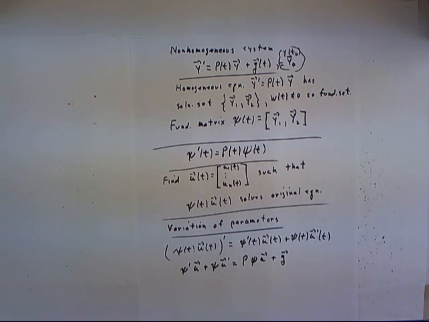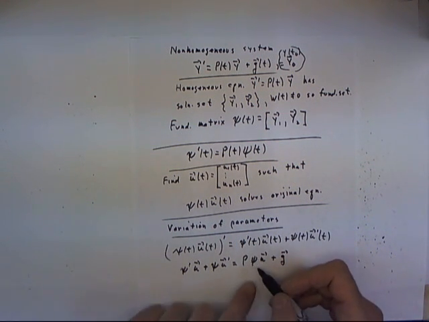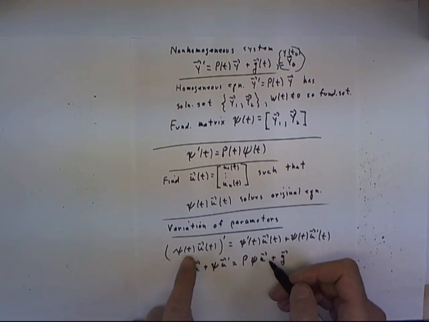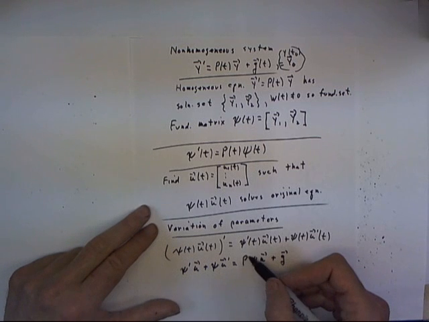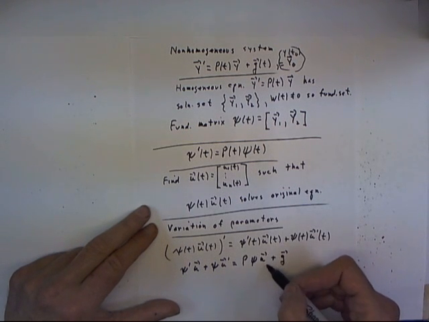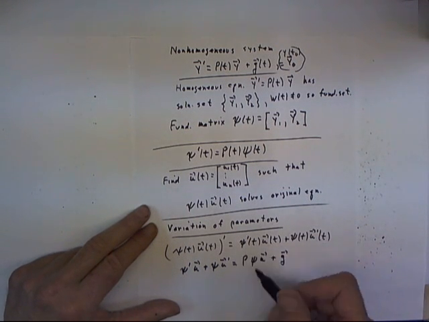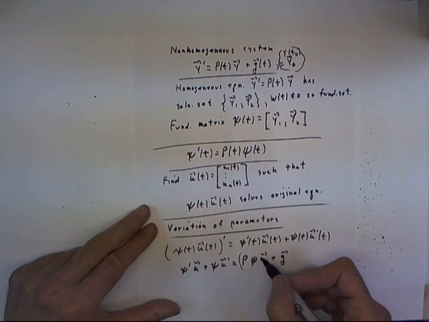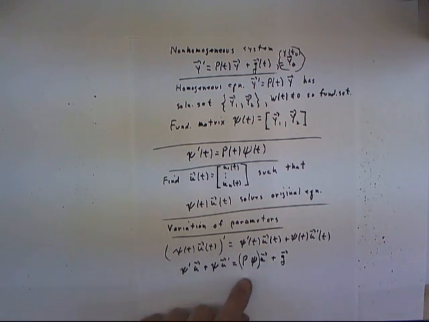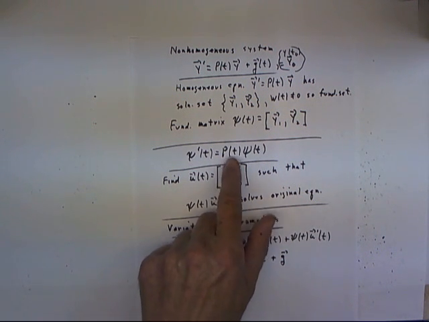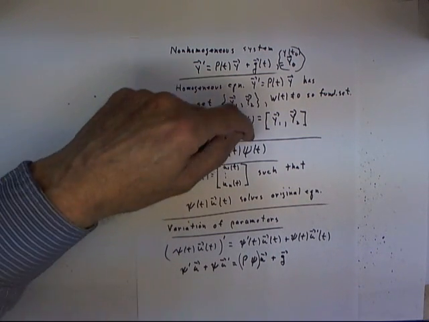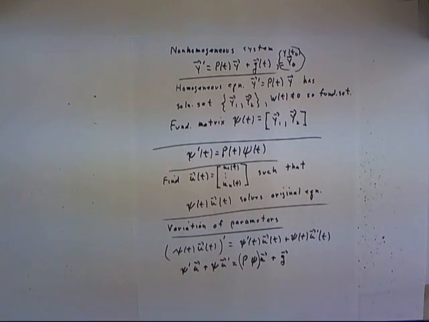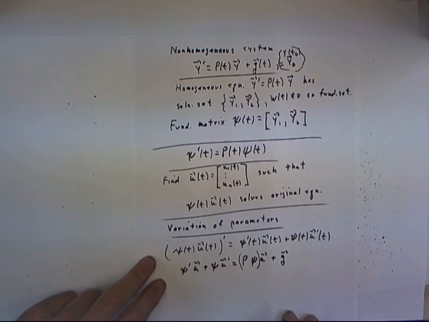Now, matrix multiplication is associative. Plugging this function into our equation, we have p times psi u, but that's the same as p psi times u. And what do we know about p psi? Well, p times psi is psi prime, because psi is a solution matrix to the homogeneous system.